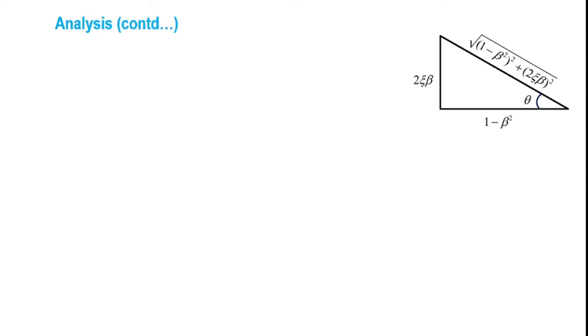Now what we'll do is draw a right angle triangle with the base as 1 minus beta square and the opposite side as 2 into c into beta, which means that the hypotenuse can be written as square root of 1 minus beta square the whole square plus 2c into beta the whole square.